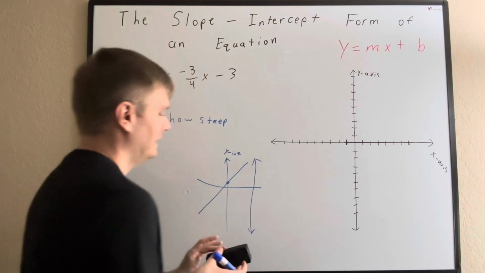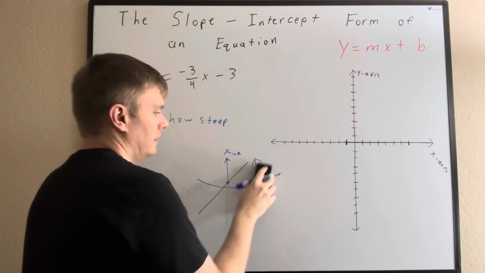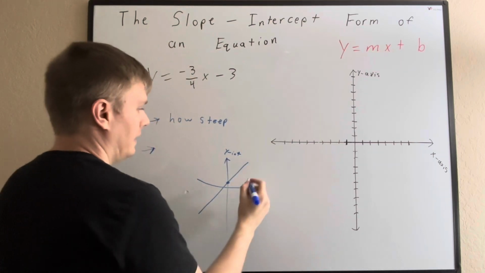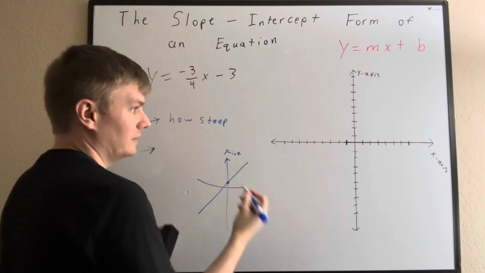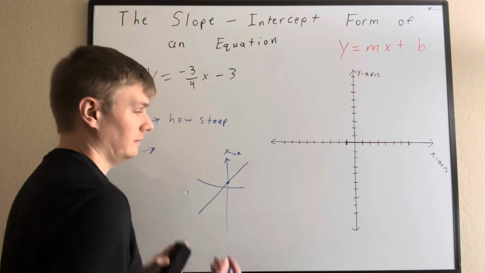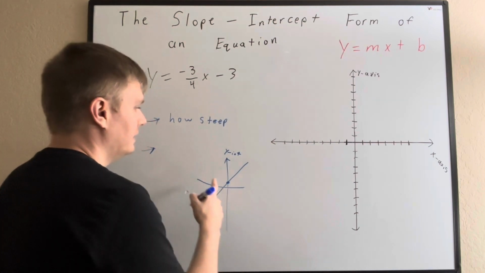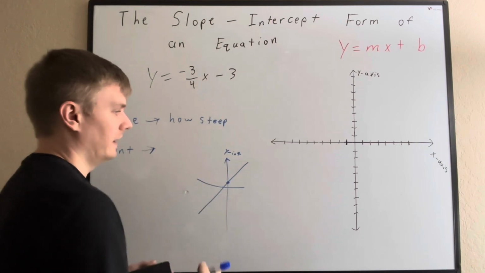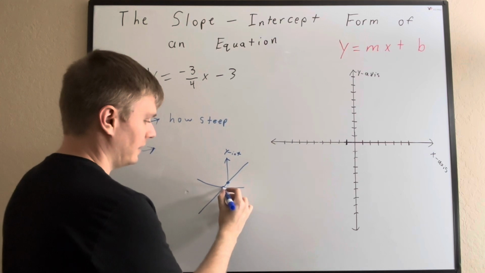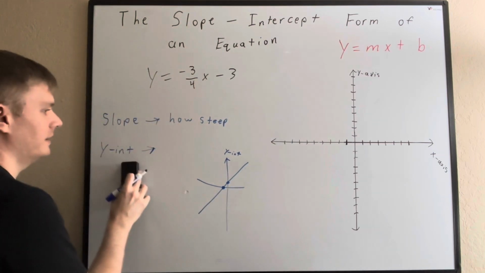So that's technically not a line. So if a line goes on forever and has a defined slope and it's not divided by 0, it's going to pass through this vertical line at some point. That's what we call the y-intercept. There's also an x-intercept, but we're not going to do that today. All we need is the y-intercept.